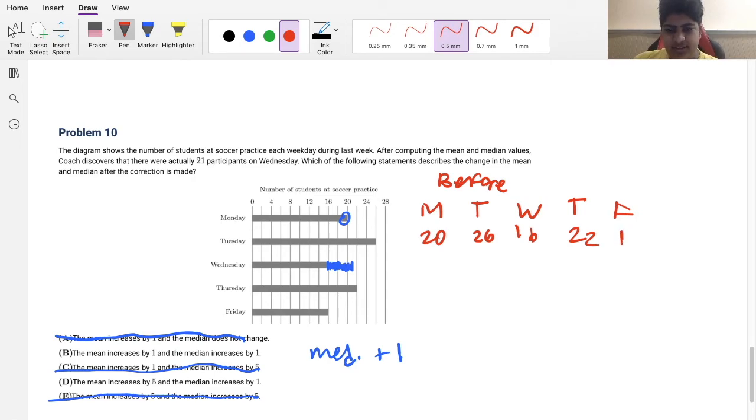Now, the average of this is, well, we sum all of them. So, all of their sums is equal to, I believe, 100. So, before, the sum is 100, and then you divide that by 5 to get an average of 20.